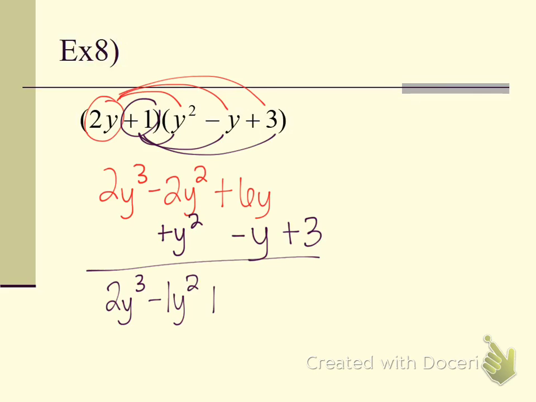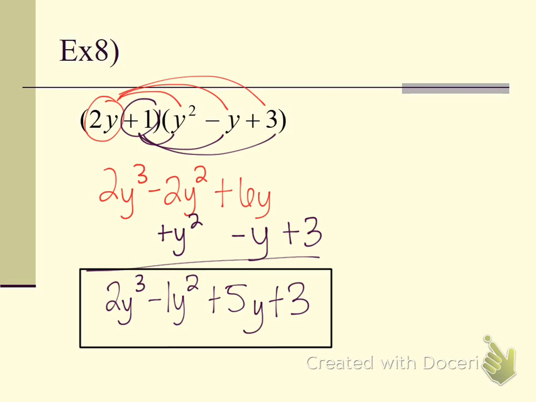Plus 5y. Plus 3 on the end. Questions, concerns? Of course, if you needed to put ones in front of those y squared and y, that was just one of them, you could do that. Nothing to combine. It's in standard form. Questions on 8.